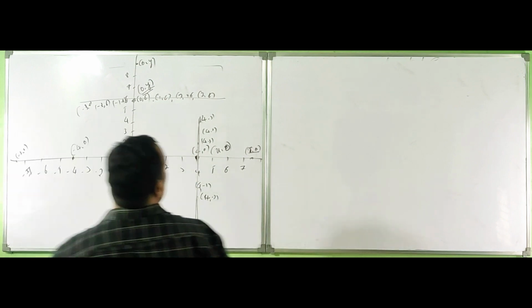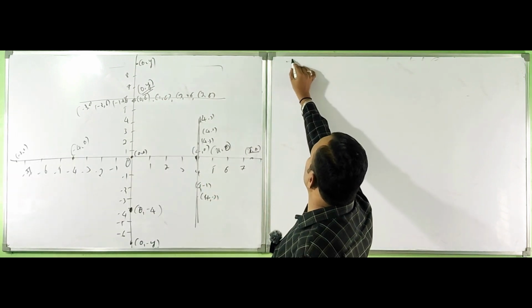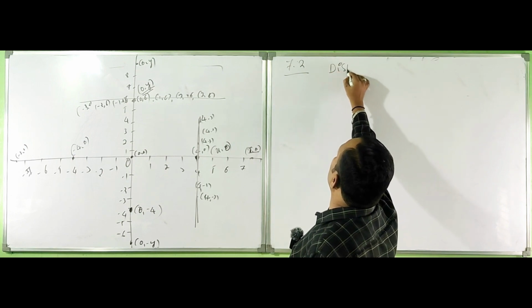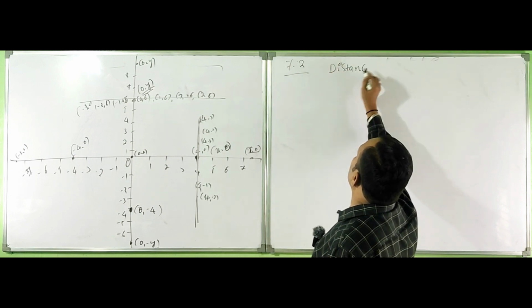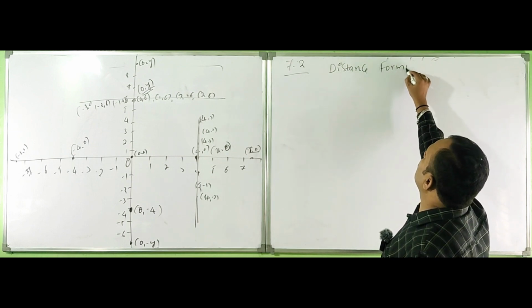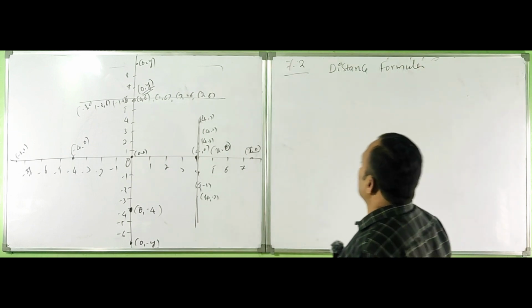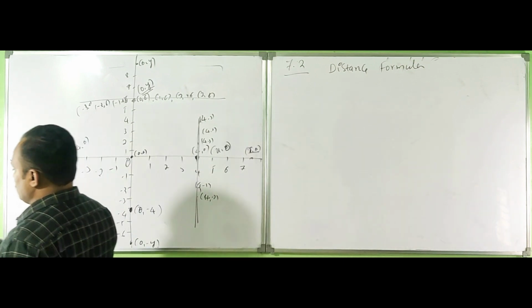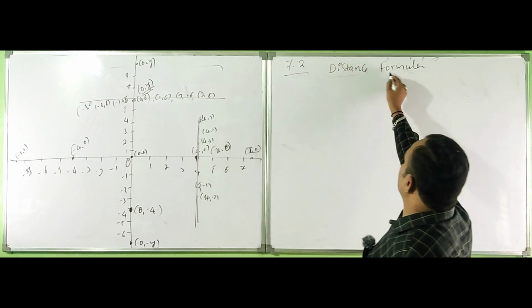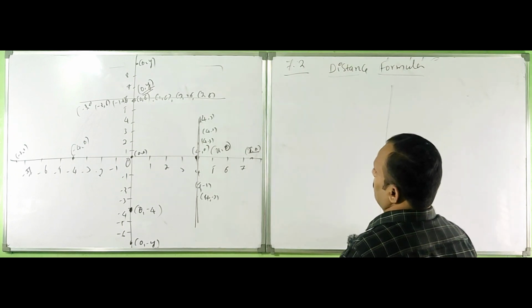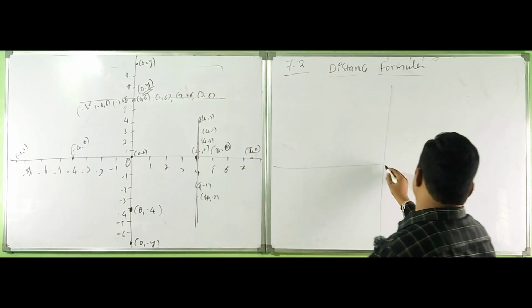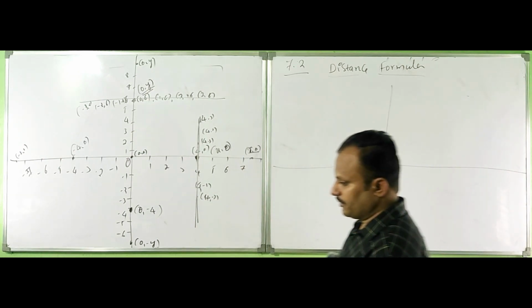So 7.2, distance formula. Let's take another new one.